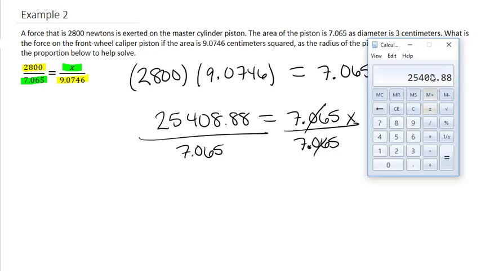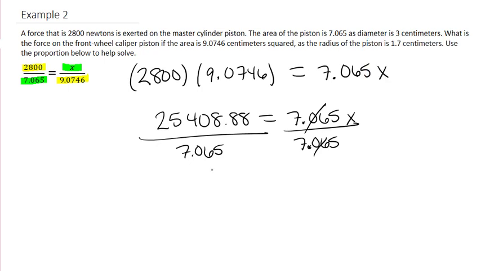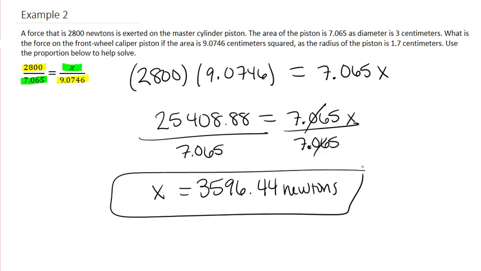So we go ahead and take this number, which is 25,408.88, and then we're going to divide it by the 7.065, and we're left with 3,596.44. And this is what X equals. And this is the force on the front wheel caliper piston.